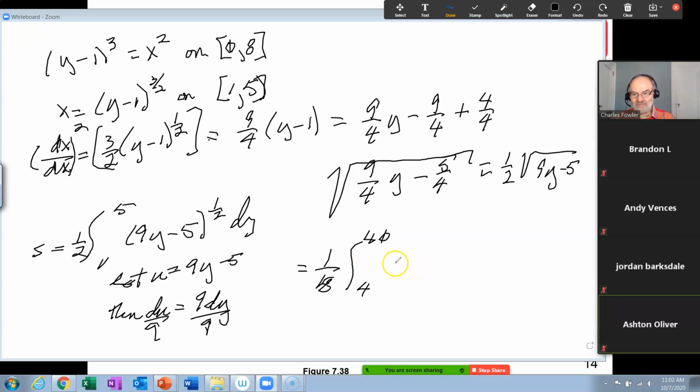And what we have here then is u to the 1/2, and then we have our du here because we already pulled the 1/9 out front. And this is doable. This will be 1 over 18, and the antiderivative of this would be u to the 3/2 times 2/3, right?